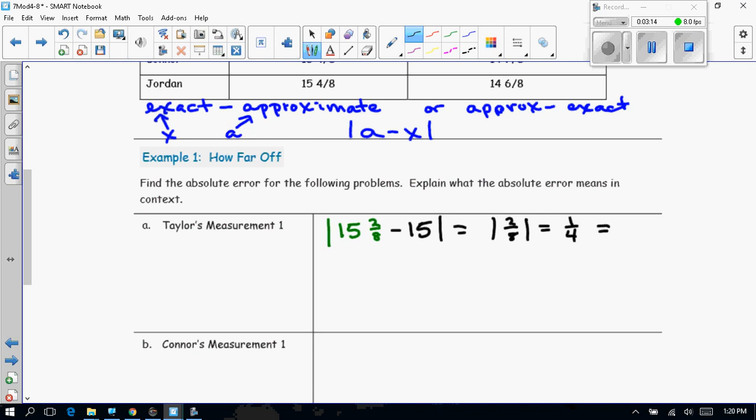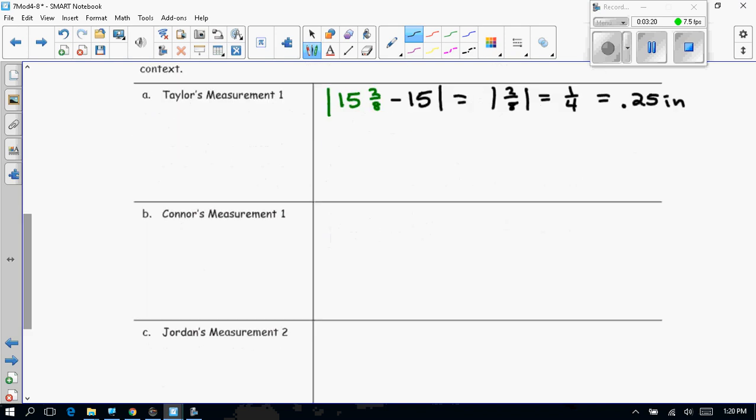So she was off by 0.25, or 1/4 of an inch. That's not too bad. Let's try Connor's. His first measurement was 15 1/2, but the exact was 15. When I subtract those, I get the absolute value of 1/2, or 0.5 of an inch.